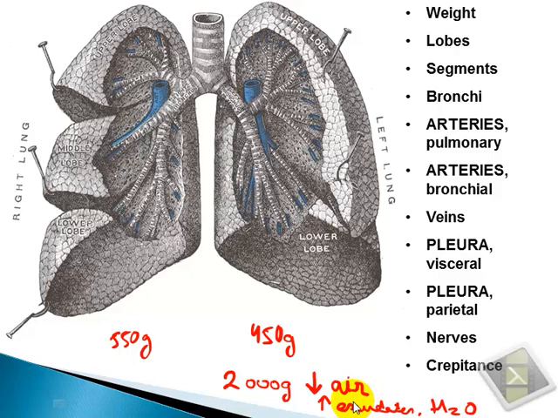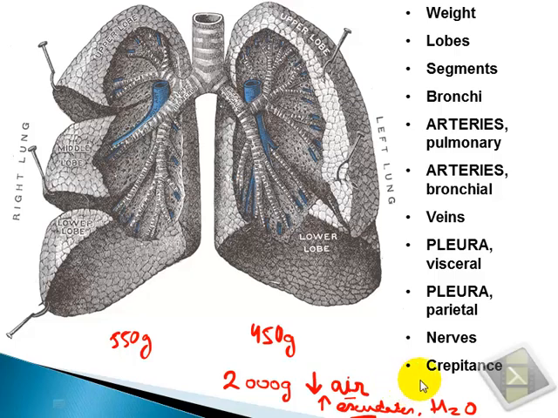Now if the air is being replaced by the exudates, that means the lungs will not have that sponginess anymore. So if you press this lung, if you palpate this lung on autopsy, that bubbly feeling of the air passing through some substance will not be there. That means the crepitance will go down.